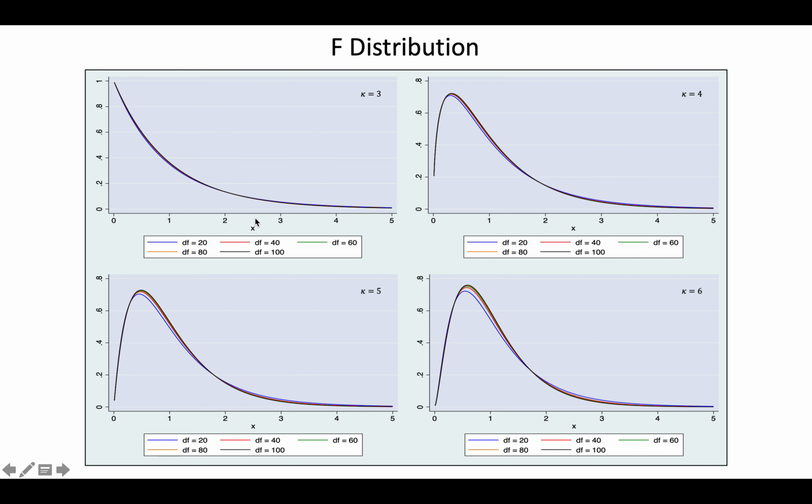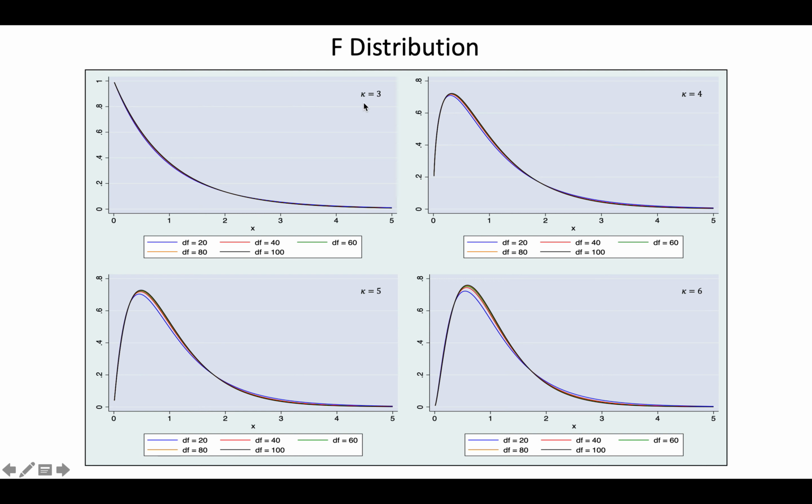Again, you see how different the distribution is depending on the degrees of freedom. In this case, K is the number of groups. For example, you've got here 3 groups, and then the degrees of freedom are represented here.